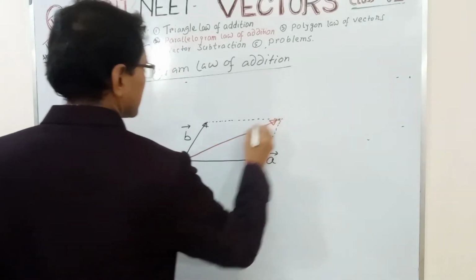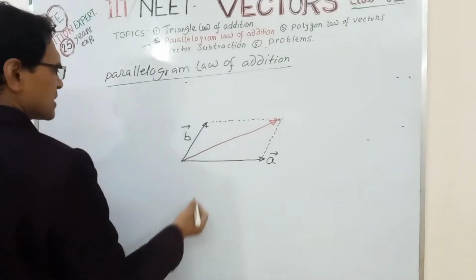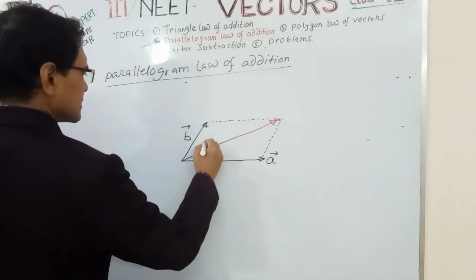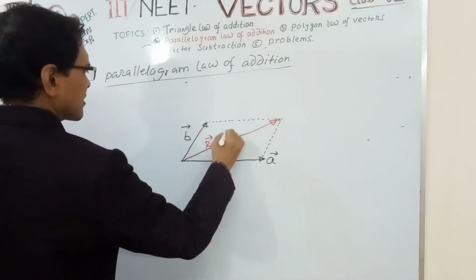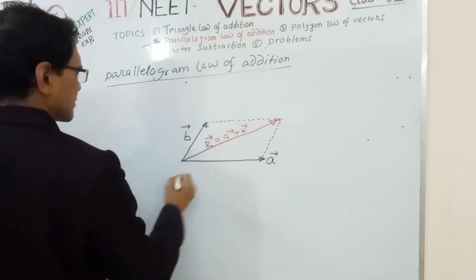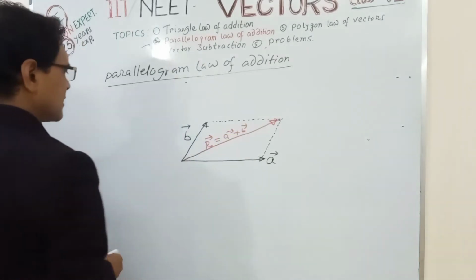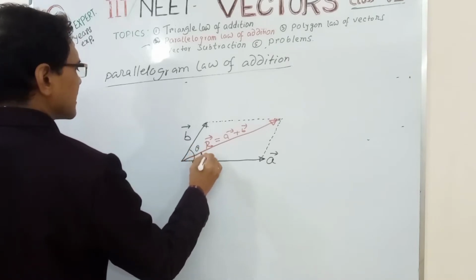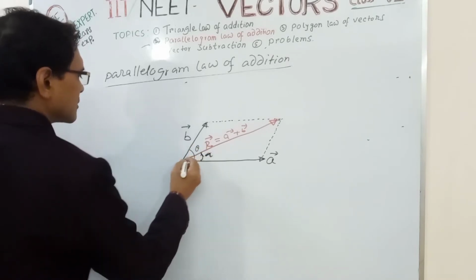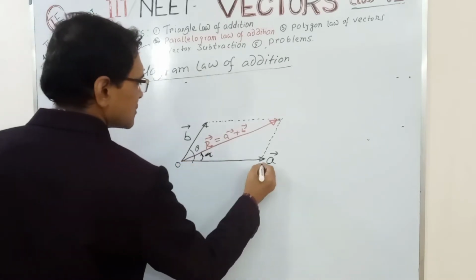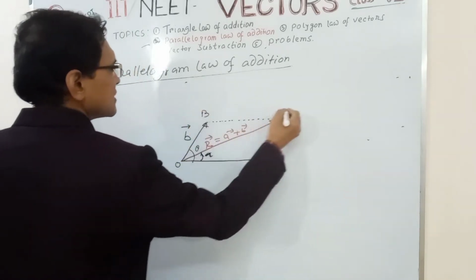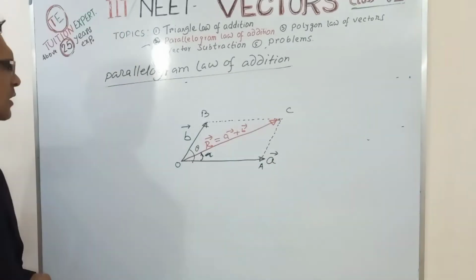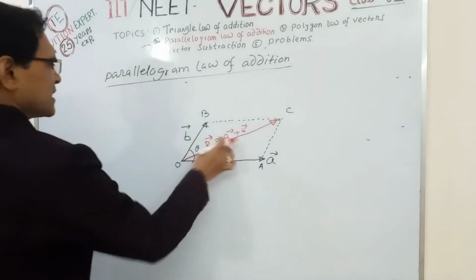This is the diagonal. The diagonal represents the resultant of the two vectors. The angle is theta, this angle is alpha. Now suppose this is A, this is B, this is C. Now we find the resultant.